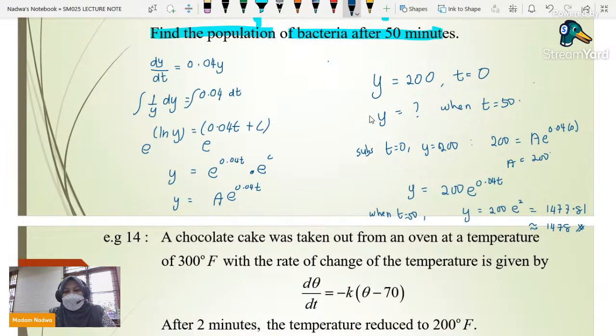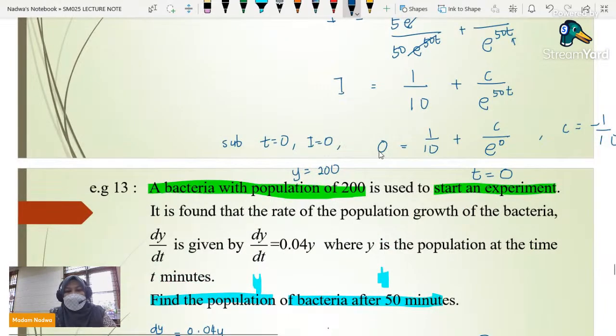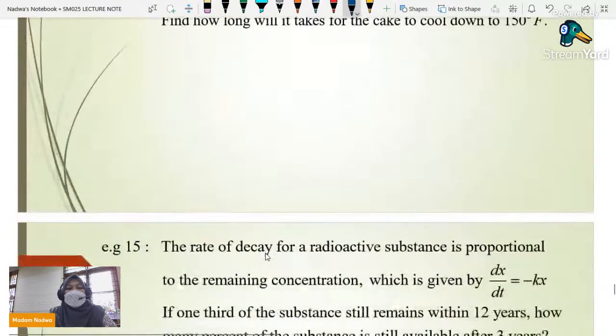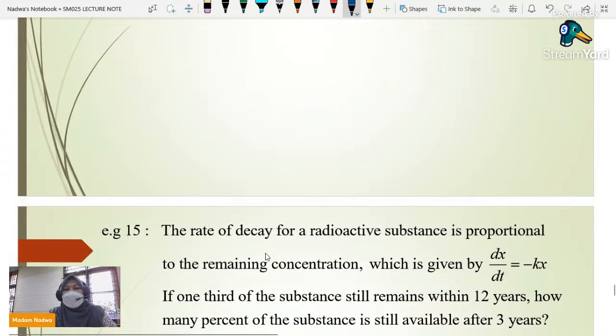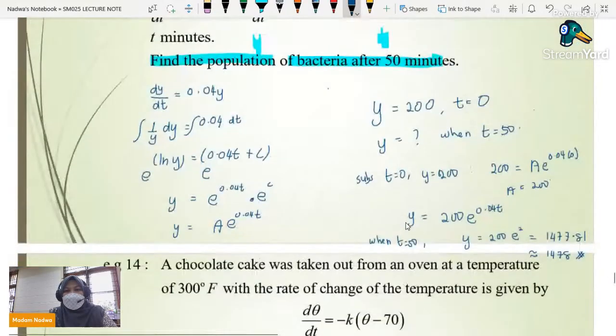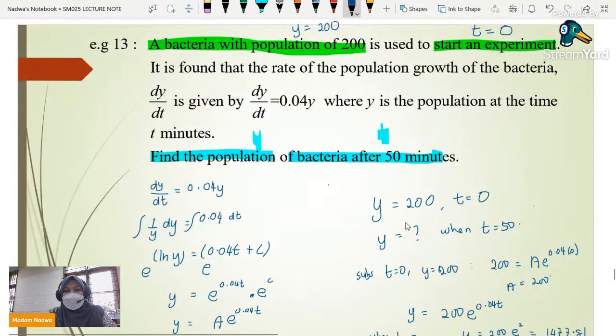Try to understand them, and I will give you the solutions for example 10, example 11, example 14 and example 15 for you to copy and complete your notes.